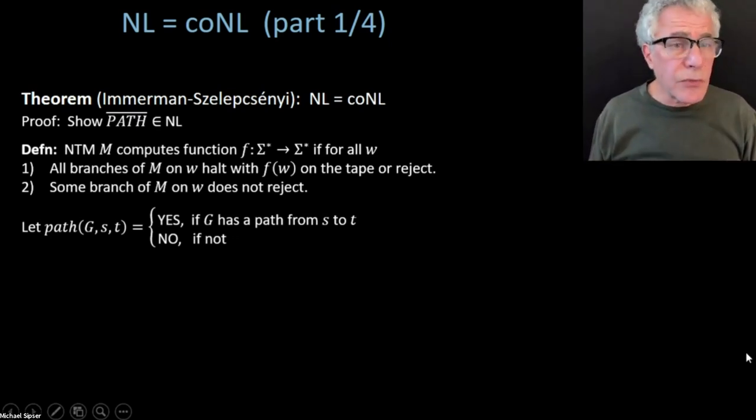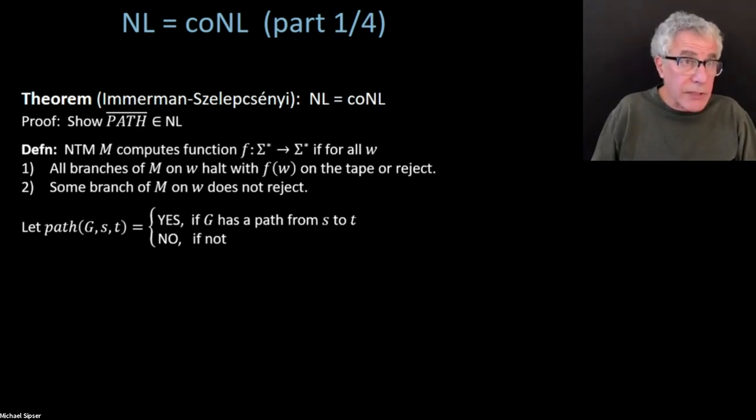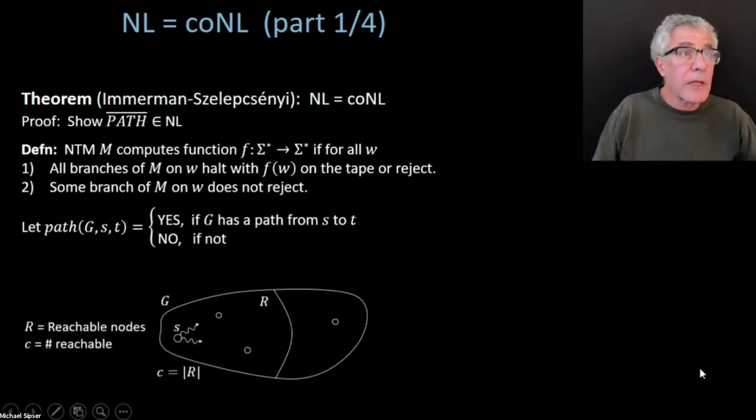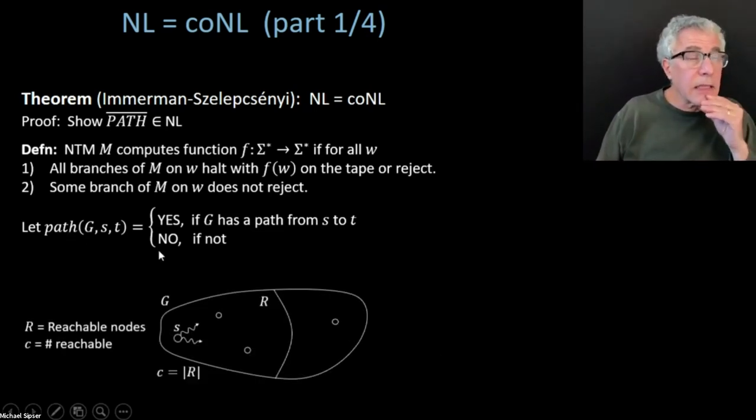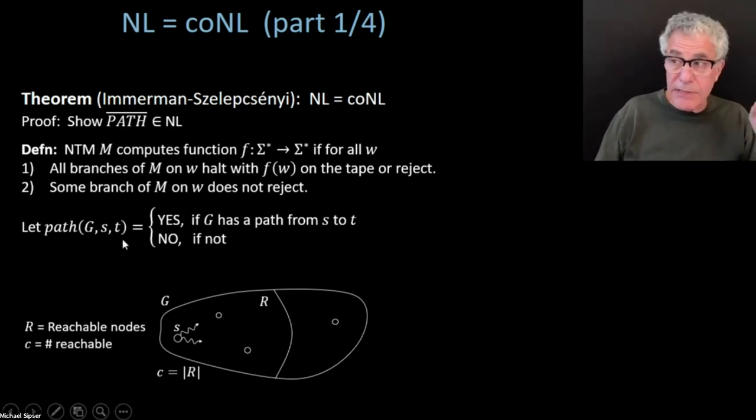So we're going to be talking about functions that you can compute with non-deterministic machines, with NL machines in particular. We're going to look at the path function now. This is not exactly the same as the path language. This is a function, written with lowercase. Given a graph, S and T, I'm going to say yes if there is a path and no if there's no path.